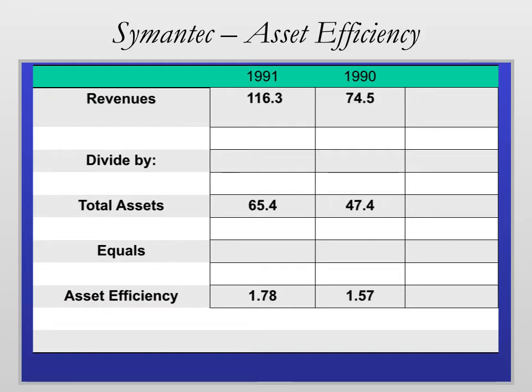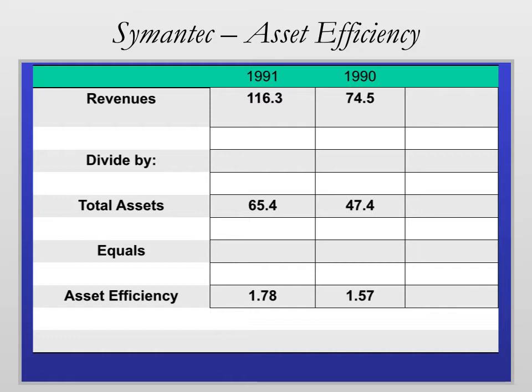When we plug it in for 1991 and 1990, you'll see that asset efficiency in 1990 was 1.57. What that meant was that our revenues were about 1.57 times our total asset base. In 1991, that increased to 1.78, almost 1.8 times our total assets.